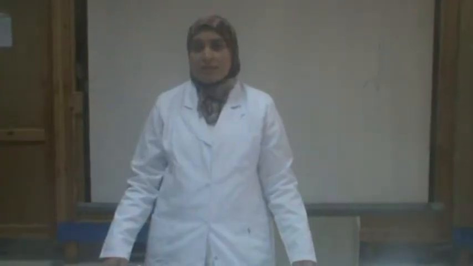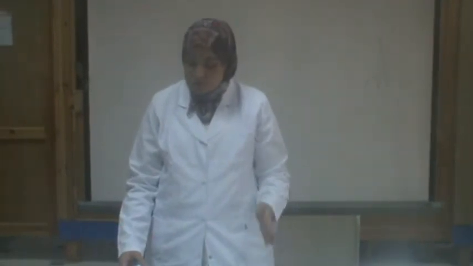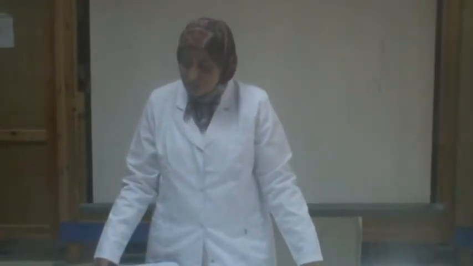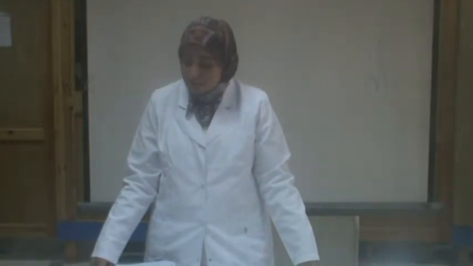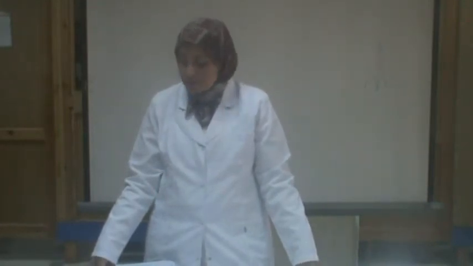The second type, modified mummy restraint, is used to modify the mummy restraint for chest examination. Let's start the procedure. The first step is wash your hands to minimize infection. 2. Prepare all needed equipment to save time.